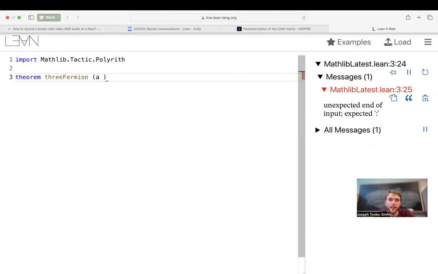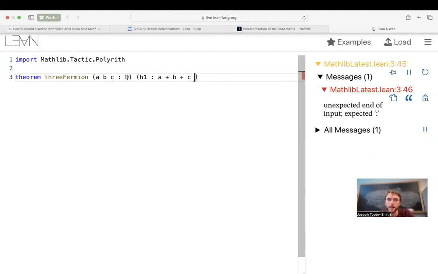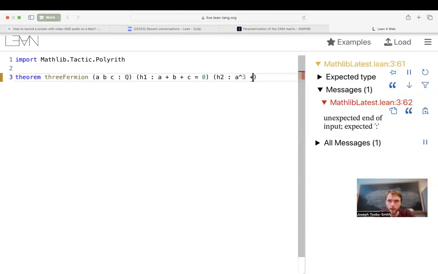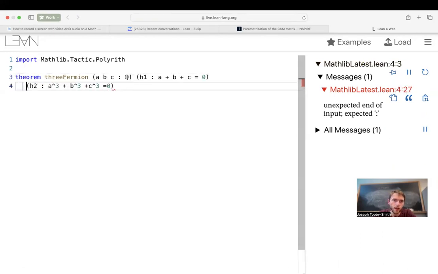I'm going to prove a theorem that if you have free fermions charged under a U1 gauge theory, so they have charges A, B, and C, and if those charges satisfy the anomaly cancellation conditions, which is that A plus B plus C equals 0, and that the cubes of those numbers sum to 0, put this on a new line, then we have A equals 0, or B equals 0, or C equals 0.